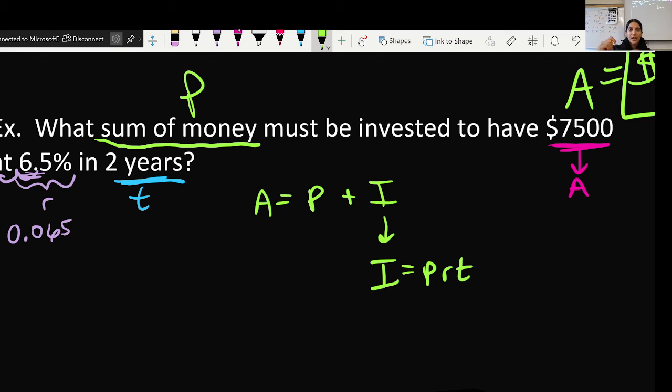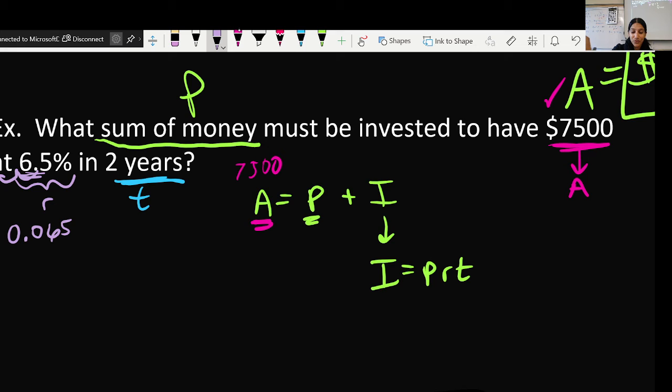So, what is the future value? What can I plug into here? 7,500. So I'm going to check that off. I dealt with that. P is the one that we're looking for, so I'm just going to leave this. That's what we're trying to find.